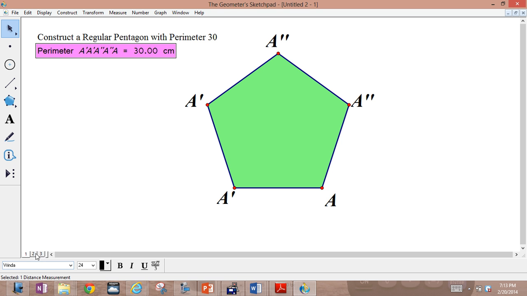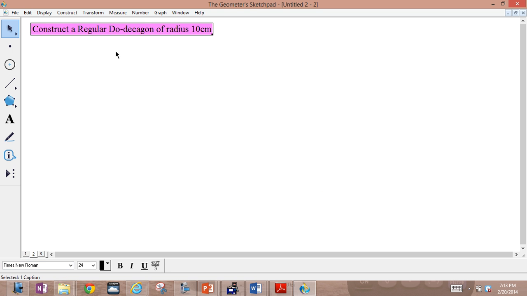Exercise 2. Construct a regular dodecagon of radius 10 centimeters. Again, the exact length is found the same way. Select the point, translate 10 units.